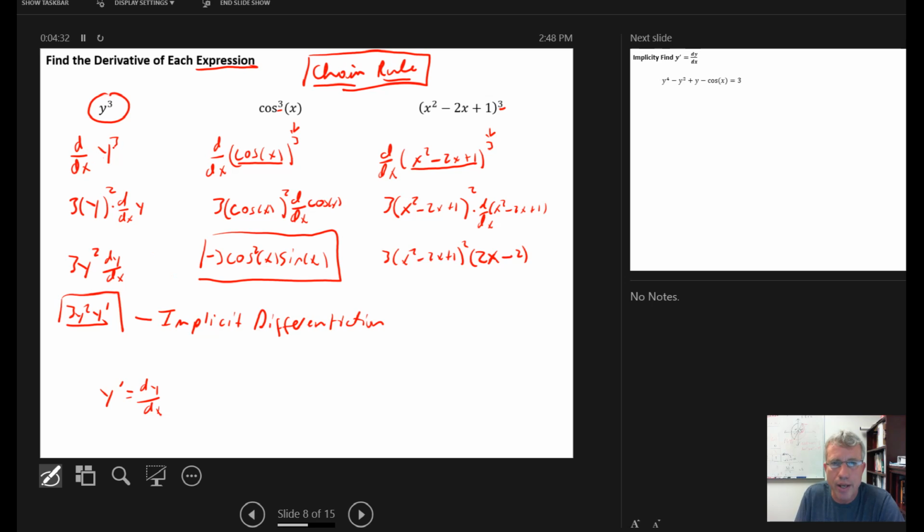So in other words, y is implicitly defining some function of x. Here I knew what the function of x was, so I could just take its derivative. Here I knew what the function of x was, so I could just take its derivative. Here I don't know what the function of x is, but I'm still going to take its derivative.